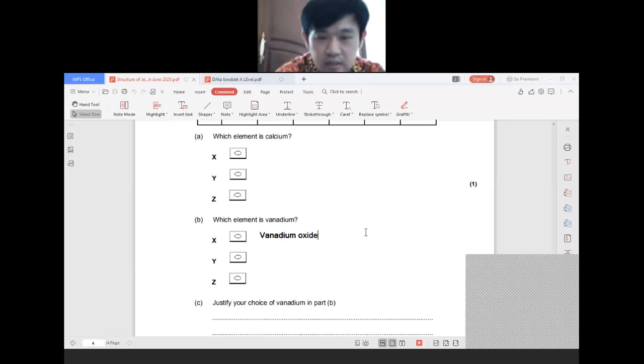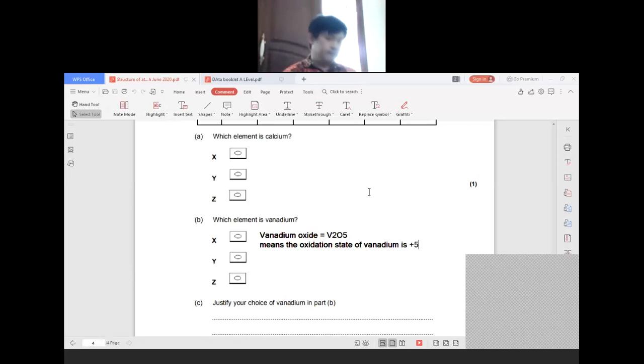Vanadium oxide, the formula is V2O5, which means the oxidation state of vanadium is +5. Then the number of electrons in the outermost shell of vanadium is 5.